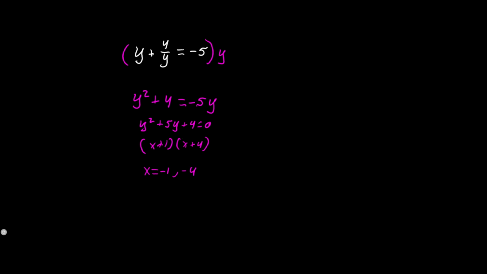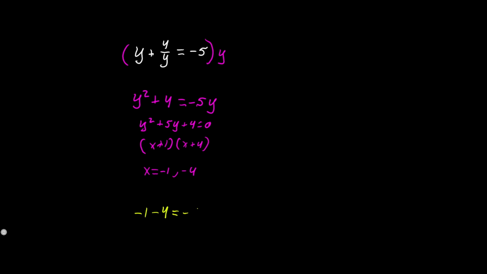Let's go ahead and verify our solutions just to make sure that we don't get any extraneous solutions. So here we have to plug in -1 into our original equation. So we have -1 plus 4 over -1, which is just -4.